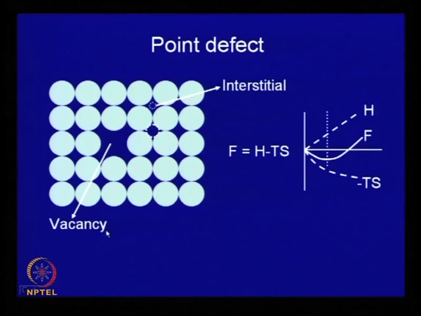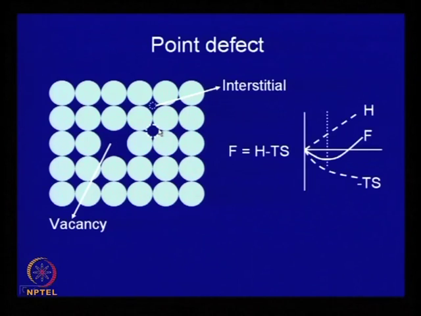And sometimes we try to push another atom. It is possible when we do alloying: if an atom is very small, it can be accommodated within the interstitial space, the gap within the lattice, and if this atom is large, say something like here, it will try to push these atoms apart and cause a strain field.